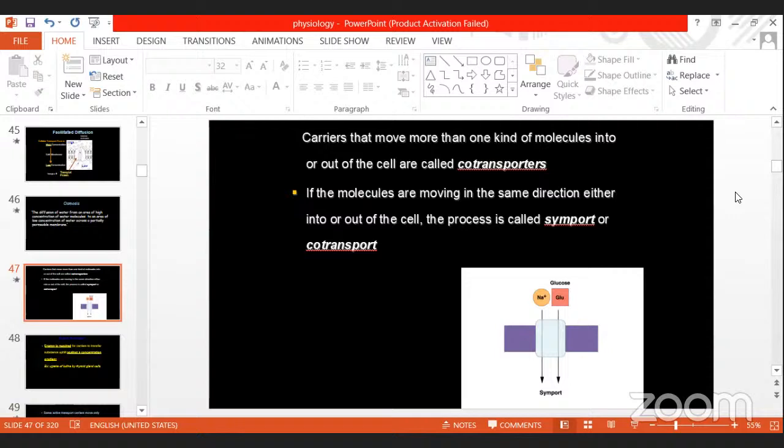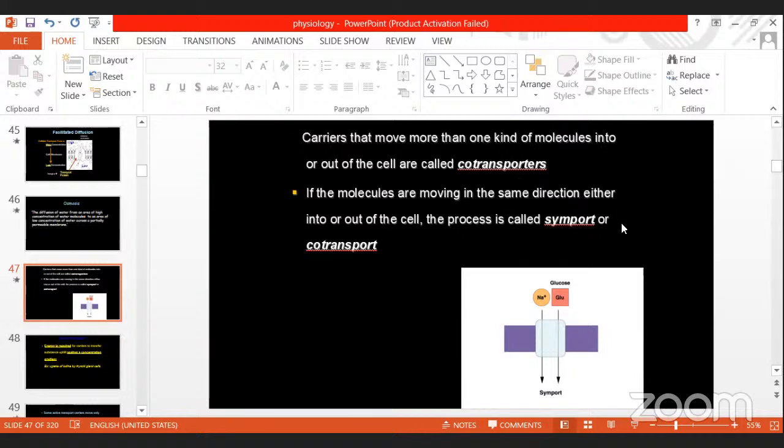And regarding the transport mechanism, if one substance is moving along with another substance, that is known as co-transport, meaning carriers that move more than one kind of molecule in or out of the cell. It is going together. If the molecules are moving in the same direction, it is known as symport.